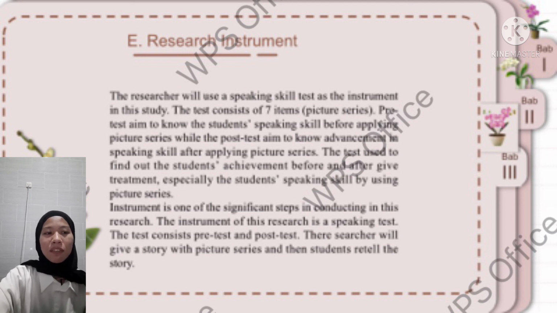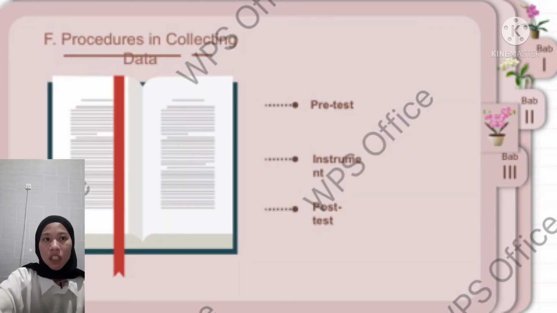The instrument of this research is a speaking test. The test consists of pre-test and post-test. The researcher will give a story with picture series and the students retell the story. Procedures in collecting data: pre-test, treatment, and post-test.